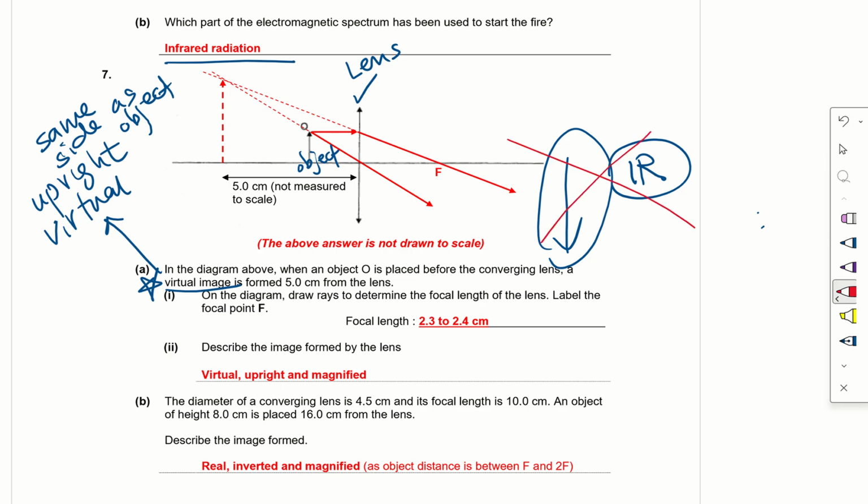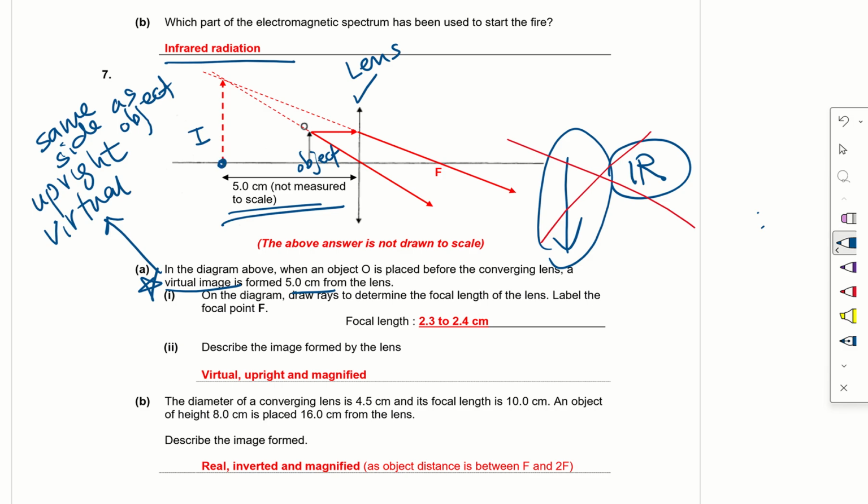So let's continue. The virtual image is formed 5 cm from the lens, so you need to measure 5 cm from the lens. On the diagram, draw rays to determine the focal length of the lens. Label the focal point. Now we know where the image is, but we do not know the height.